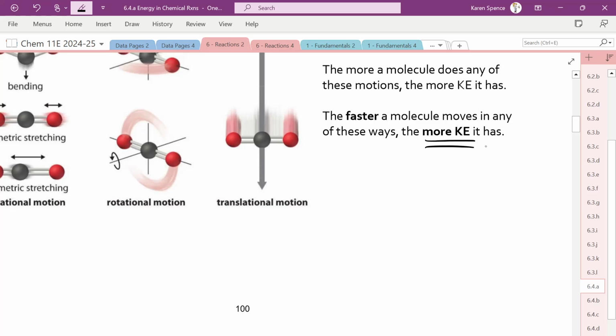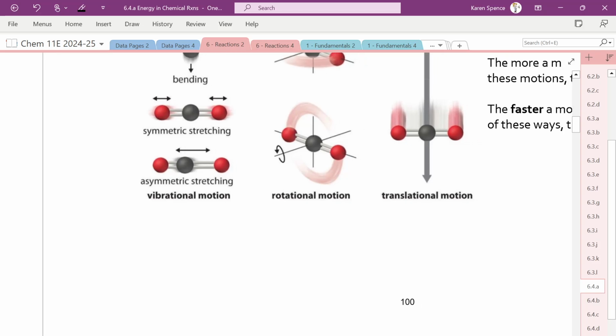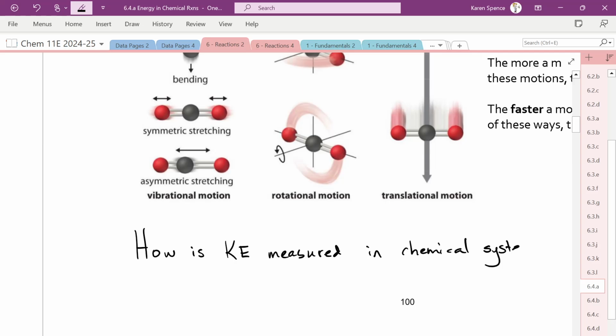Do you guys know how we measure kinetic energy in chemicals? We have a tool that we can use.